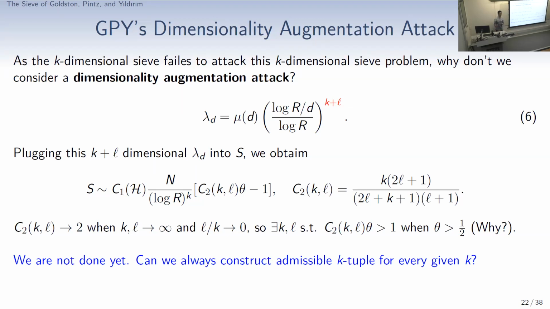And we're going to construct an admissible tuple that is suitable for this. The necessary condition for all these miracles to happen is that theta is greater than 1/2. But our current technology is theta equal to 1/2, so we need to keep that in mind as well.